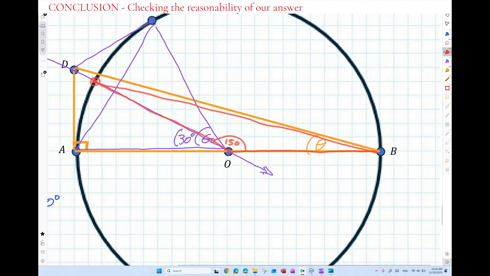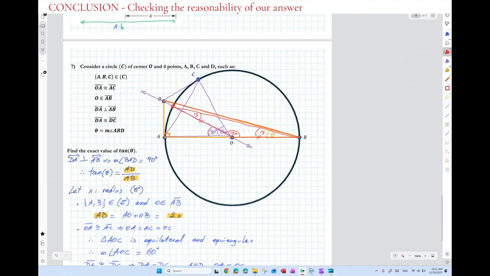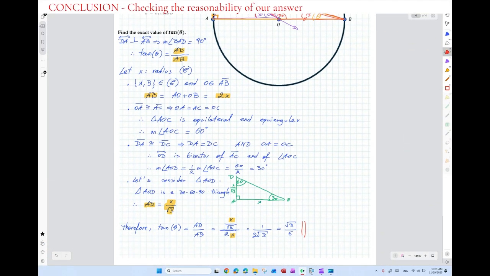I know that because it is supplementary of this 30-degree angle, and because those two are radii, that makes it an isosceles. And I've got 15 and 15 degrees. So as you can see, the angle theta is just a little bit wider, and therefore that fits. That's it. Good luck.